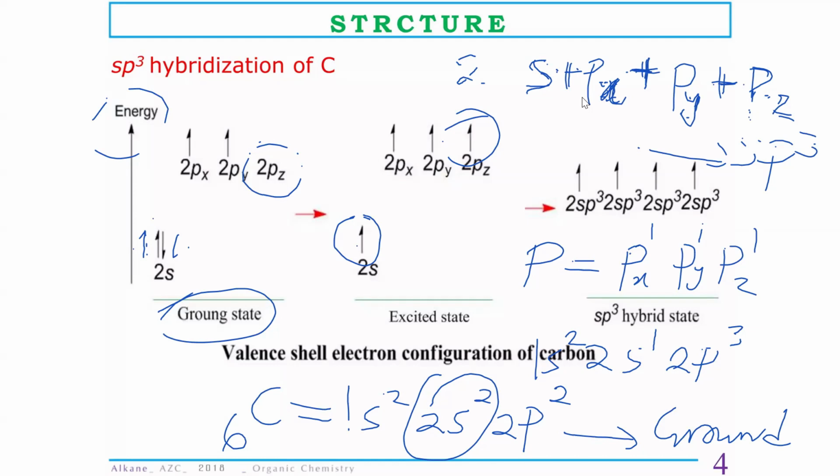So that is the hybridization of alkanes. The hybridization of alkanes is sp3 hybridization, and they have a bond angle of 105.9 degrees.